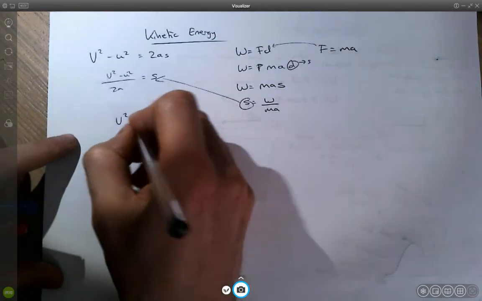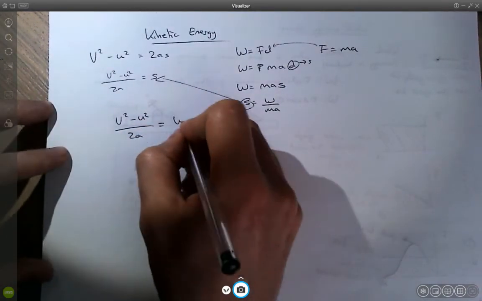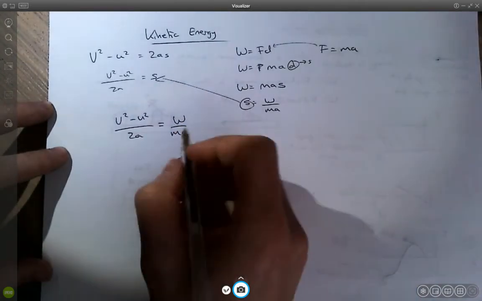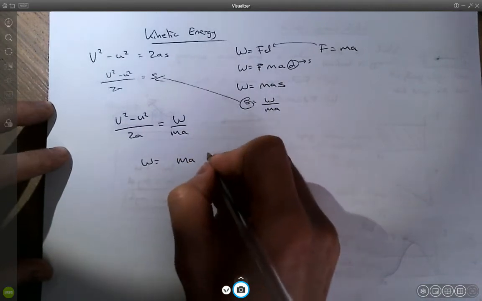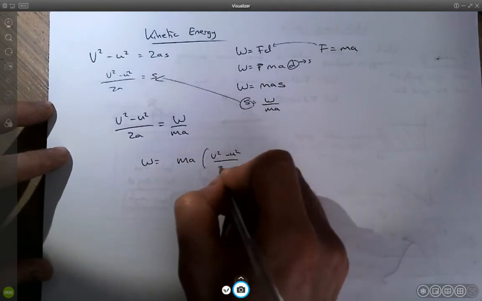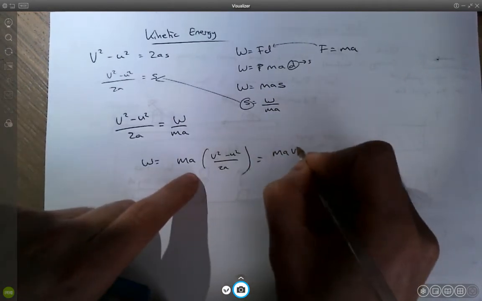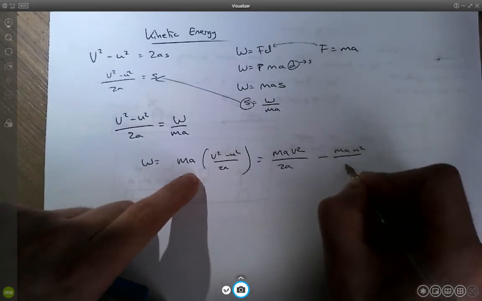So I've got v squared minus u squared over 2a equals work done over mass times acceleration. I'm then going to rearrange for work done, which is mass times acceleration, and then v squared minus u squared over 2a. Let's expand out the brackets. ma v squared over 2a minus ma u squared over 2a.